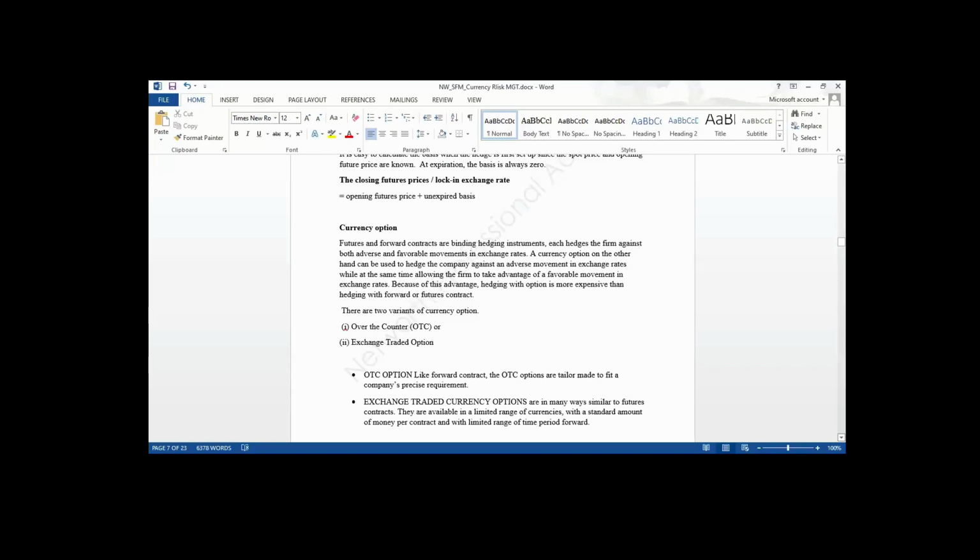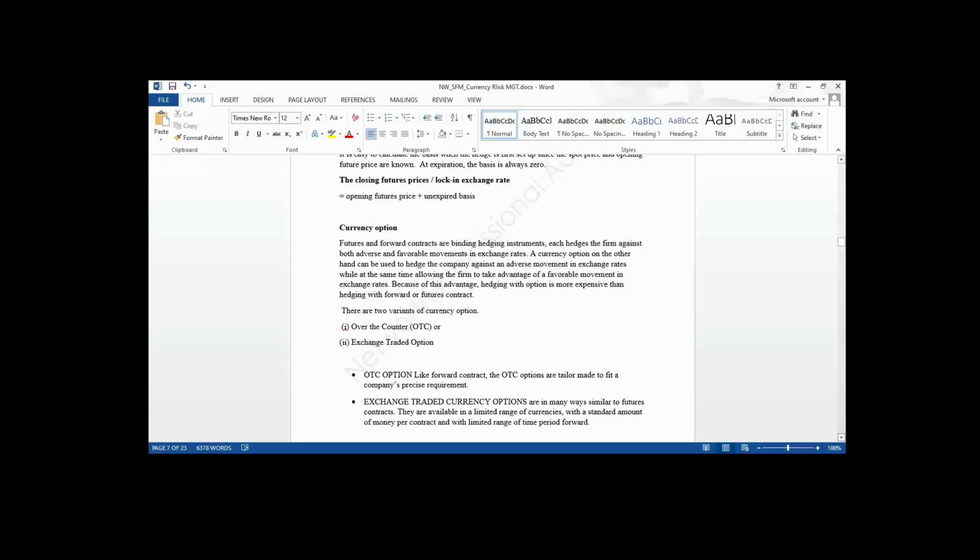So, currency options. If you look at forward contracts, or if you look at currency futures contracts, these contracts are binding hedging instruments. Once you hedge with forward markets or you hedge with futures markets, you have entered into a binding contract. That rate becomes the binding rate.